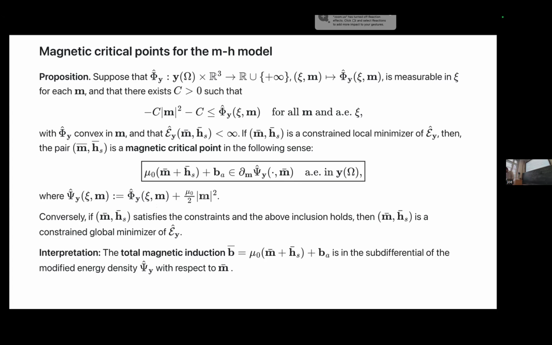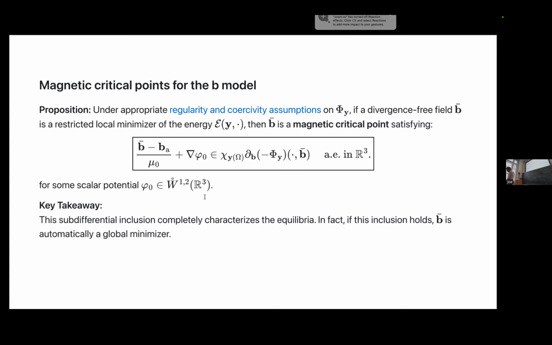And of course, you can introduce a similar notion for the B model. So you may ask, I have this energy in the B model, this E of B, and the question is, can I write the Euler-Lagrange equation for this energy? The key point is that in this minimization, you have to take care of this constraint.